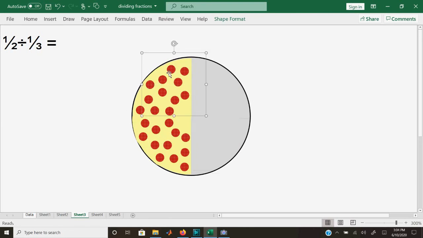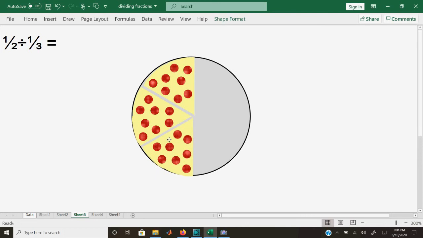I had it broken up into halves, now I've got it broken up into thirds, or actually sixths. To get a third, I need 2/6. So I know I have at least 1/3.